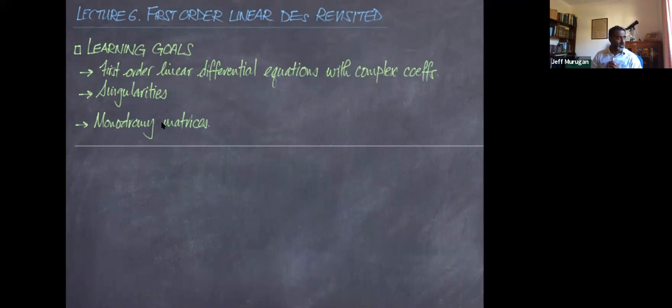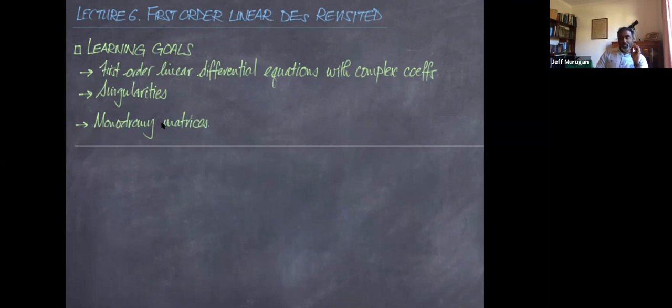We're not talking about partial differential equations here. So our goal will be to think about second order linear differential equations that one would typically encounter in mathematical physics. Things like Schrodinger's equation and things like that. But before we get there, let's see what we can learn from just studying first order linear differential equations.